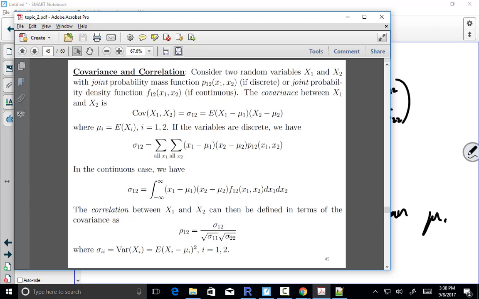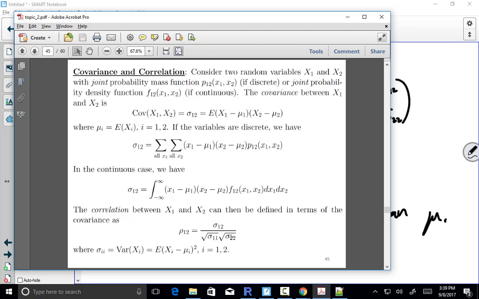A covariance can live anywhere between minus infinity and infinity, just like a variance can be anything up to infinity. But a correlation, because we scale or normalize it by dividing by these two standard deviations, is constrained to only go between -1 and 1.